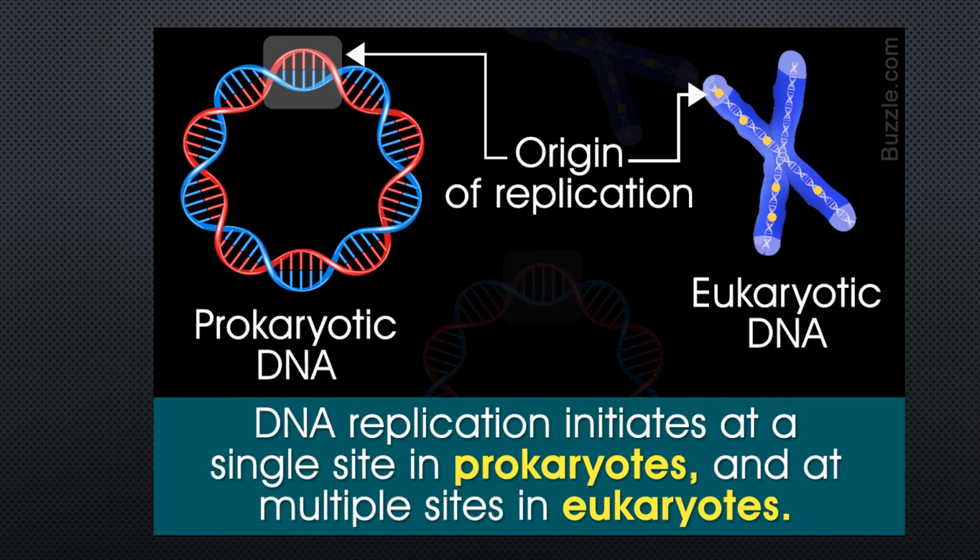What that means for when we begin replication is, remember in eukaryotic DNA, we had multiple sites of origin to replicate the DNA. And keep in mind that the eukaryotic DNA is much, much larger than our prokaryotic DNA. So it takes multiple points of origin to get it done in a timely manner. Our prokaryotic DNA, being a single chromosome, a single circular strand of DNA, has only one point of origin.